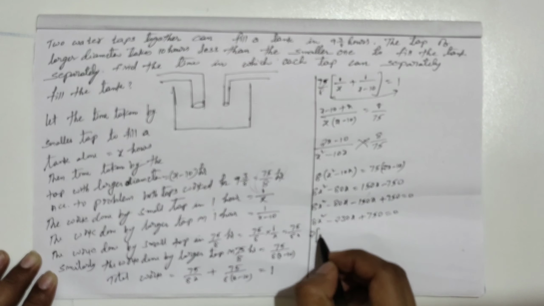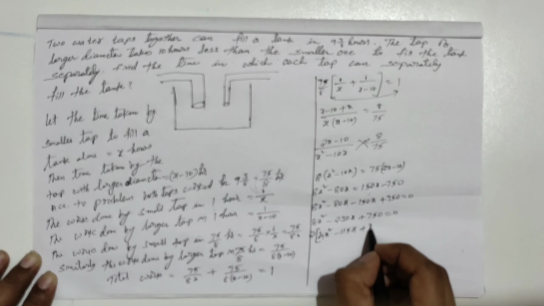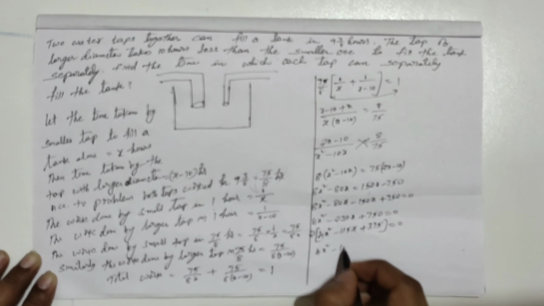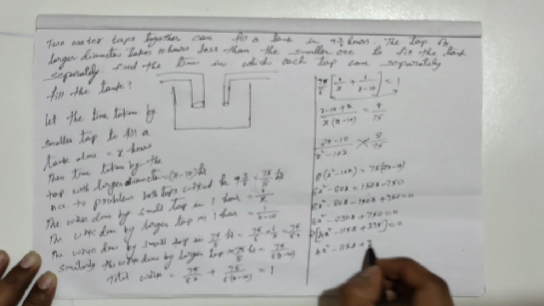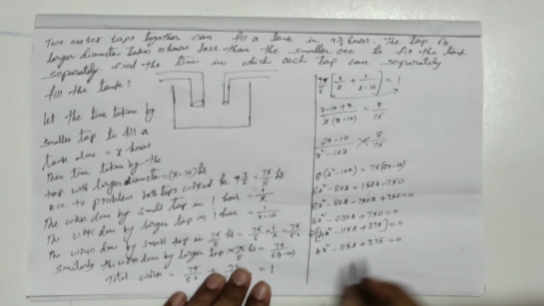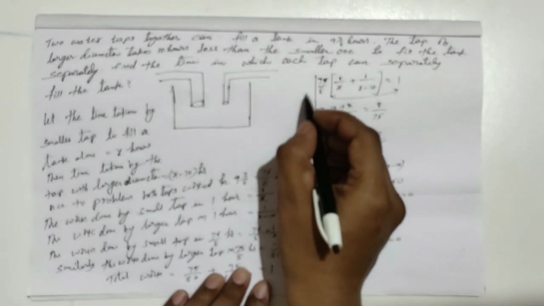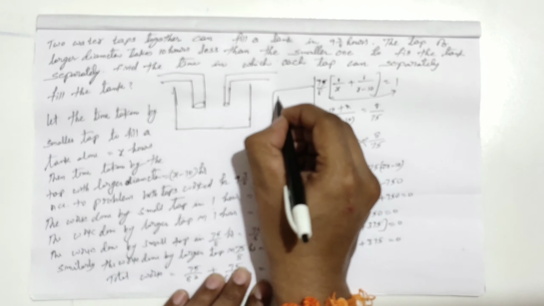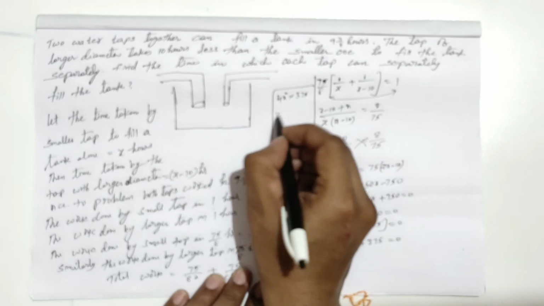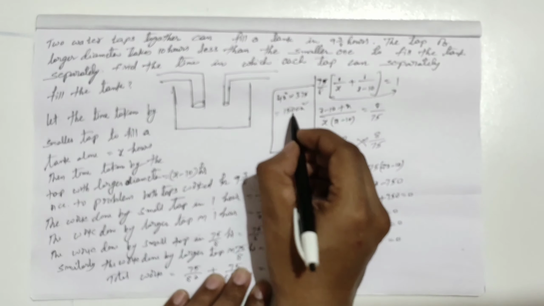From this we can take common 2, that is 4x square minus 115x plus 375 equal to 0. Now we have to factorize this one by multiplying the first and last term. Simply multiply the first and the last term, then we get 375 fours are 1500x square.